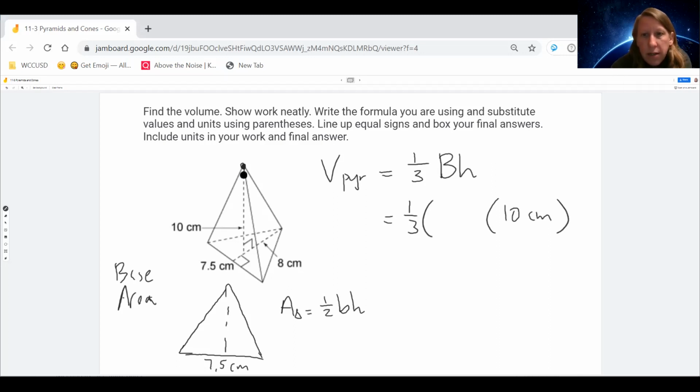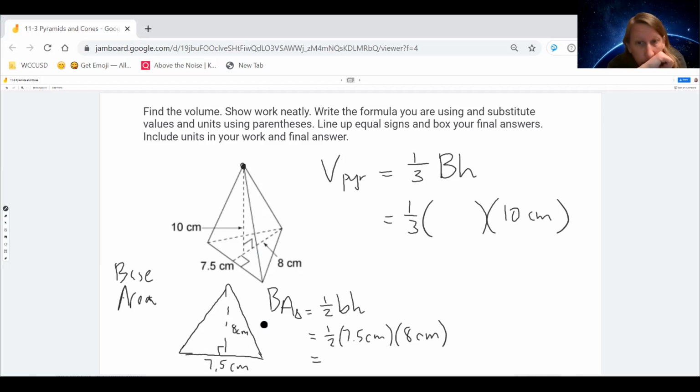The base area is going to be whatever the area of this triangle is. So this triangle has a little base, little b, of 7.5. And what's the height of the triangle? The height of the triangle is 8 centimeters. So the area of the base, or the base area, is 7.5 centimeters times 8 centimeters.